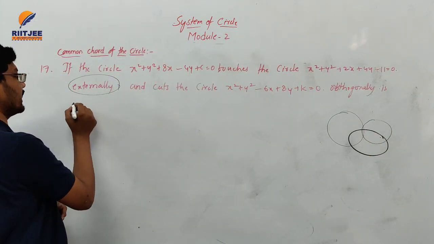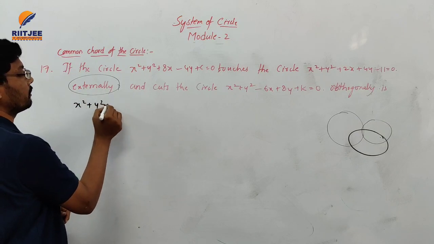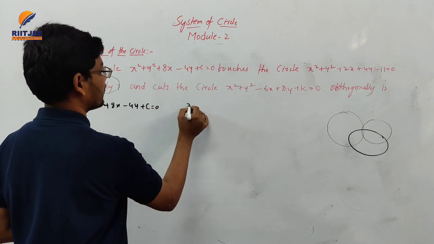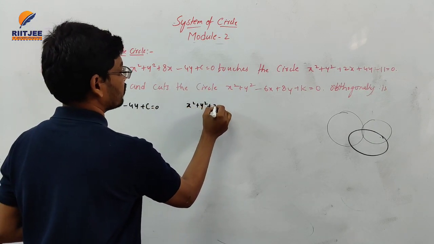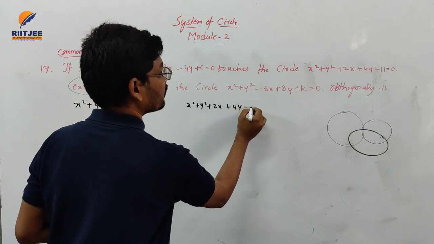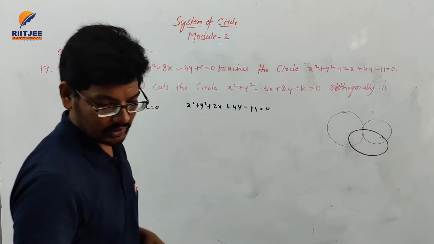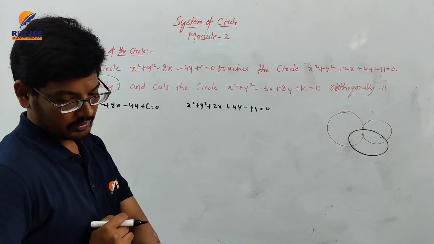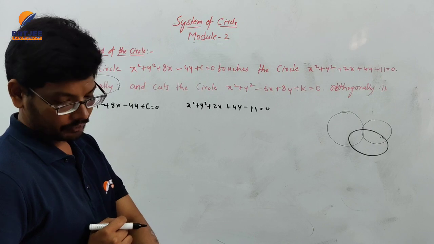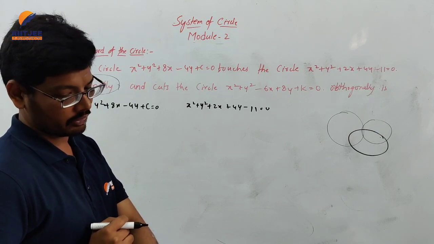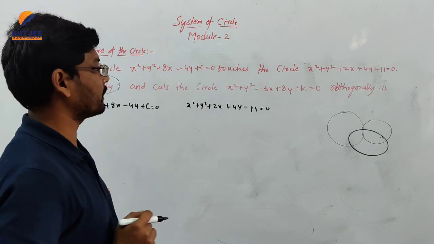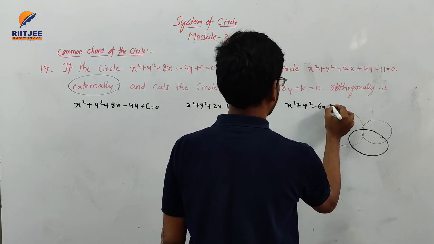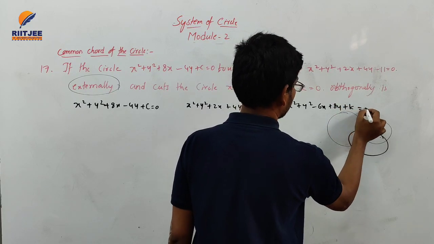So the first circle equation is x square plus y square plus 8x minus 4y plus c is equal to 0, and the one more circle is x square plus y square plus 2x plus 4y minus 11 is equal to 0. Let me check whether the question is correct or not. Okay, right. Next, x square plus y square minus 6x plus 8y plus k is equal to 0.